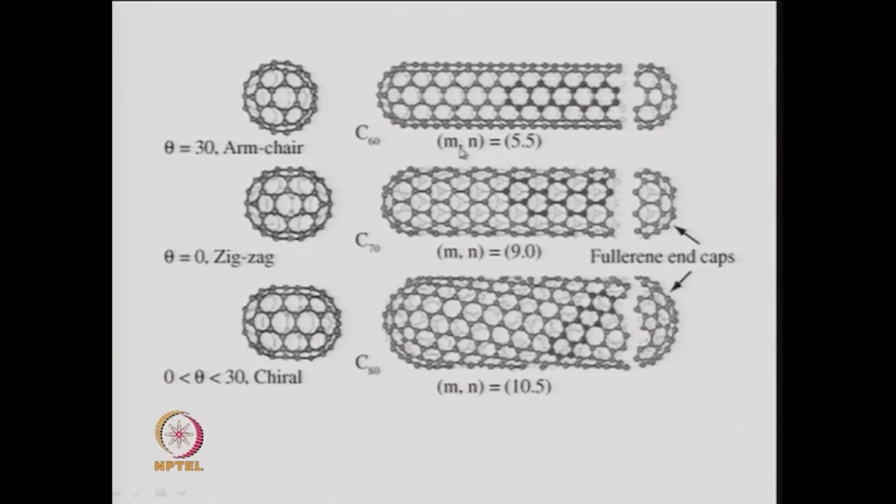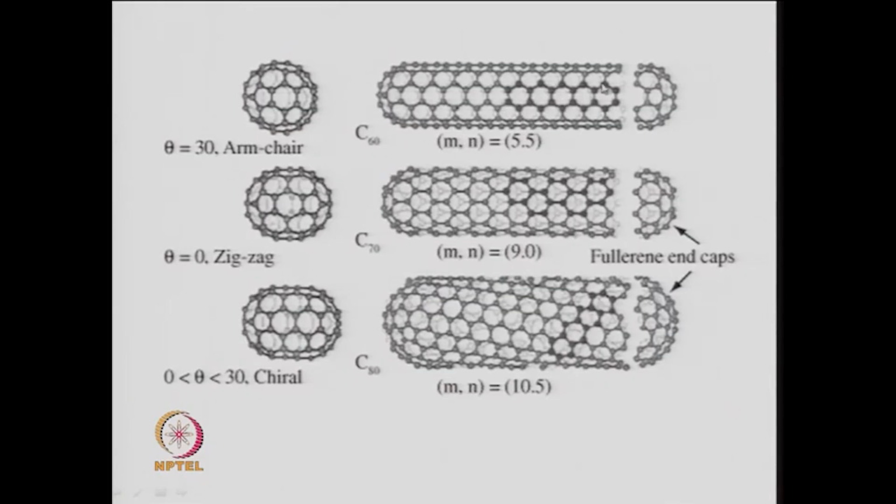So, m and n both are the same. So, it is 5, 5. So, the a1 vector has a coefficient of 5 and the a2 vector has a coefficient which is 5, and the resultant will have this structure which is called an armchair type of nanotube.